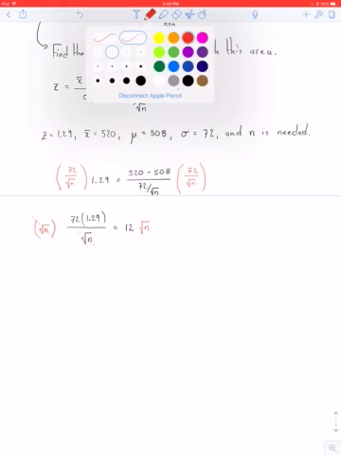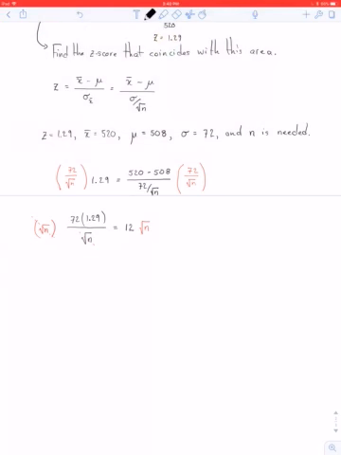Okay, so now if we take a look at where we're at, now we have 72 times 1.29. And I'm using my calculator here, 72 times 1.29 is 92.88. So here we go, 92.88 equals 12 times the square root of n.